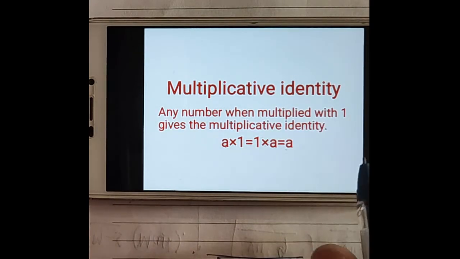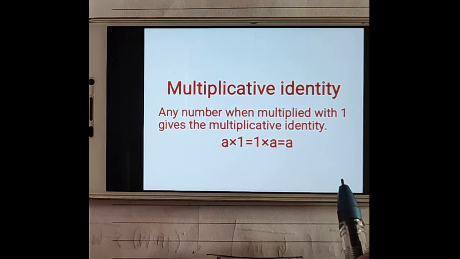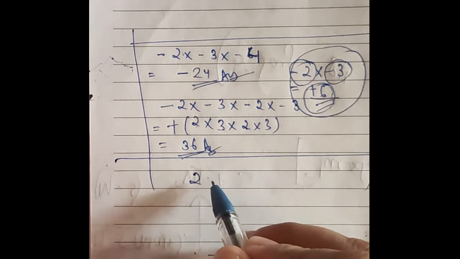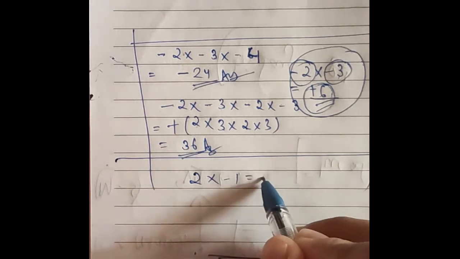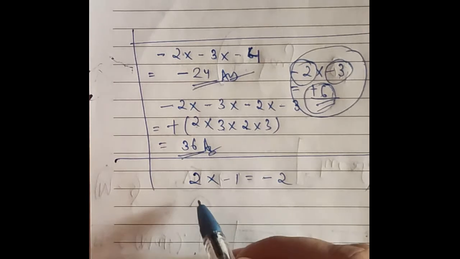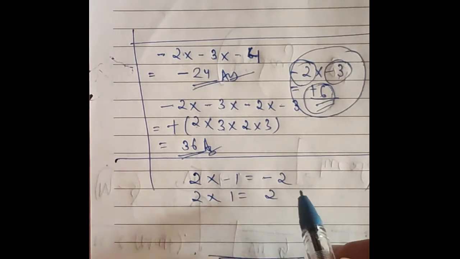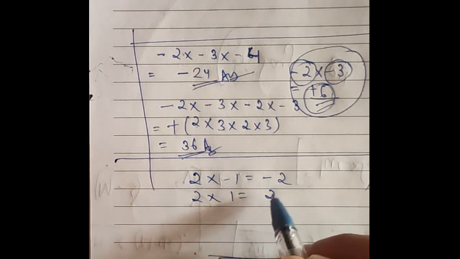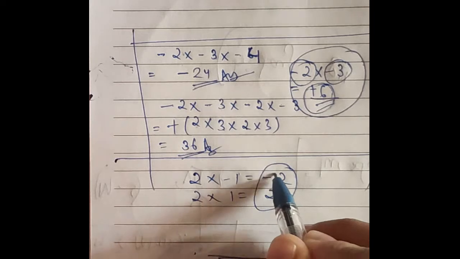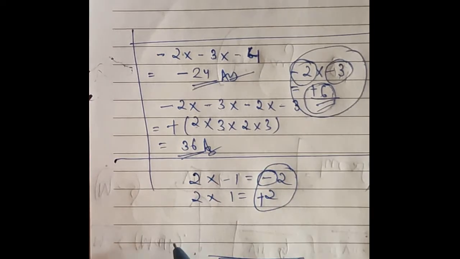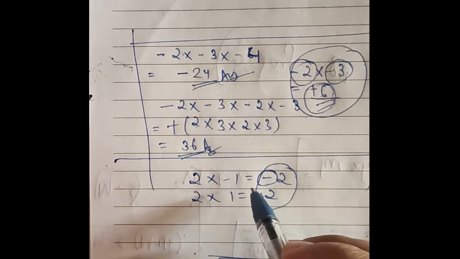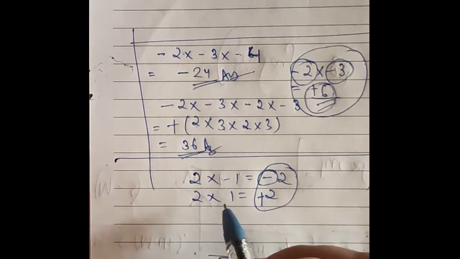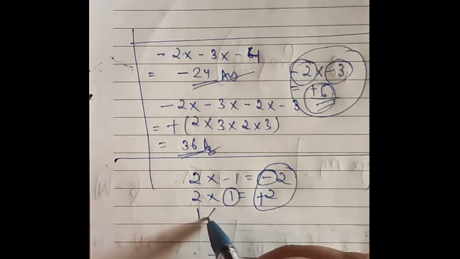Suppose you change the number by -1: 2 into -1 is equal to -2. And 2 into 1 is equal to 2. Are these both the same? No, these two integers are not the same, because one is negative and one is a positive integer. So this is not following the multiplicative identity. To have the multiplicative identity, you need to have a 1. So 1 into 2 is equal to 2.